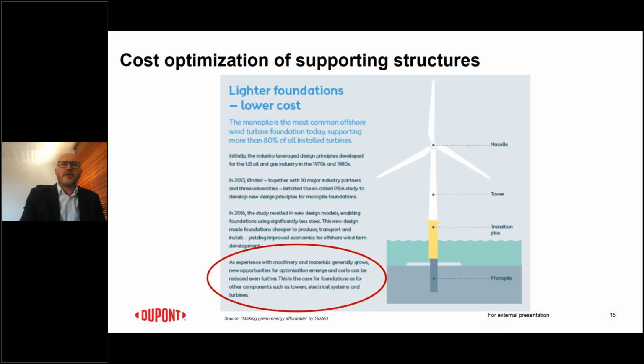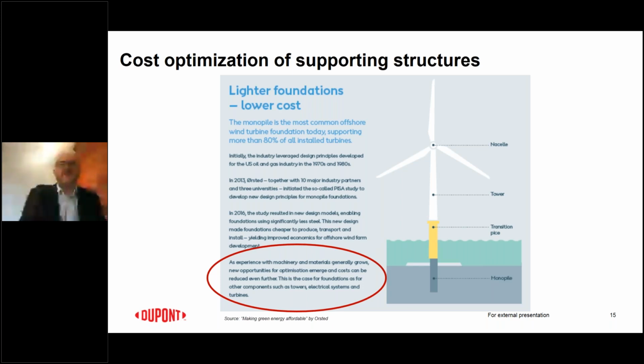And all these components are dependent on the weight of the total wind turbine. So we can imagine that minimizing the weight of the entire turbine and of the electrical equipment inside will definitely have an impact on the supporting structure and the cost of this supporting structure.